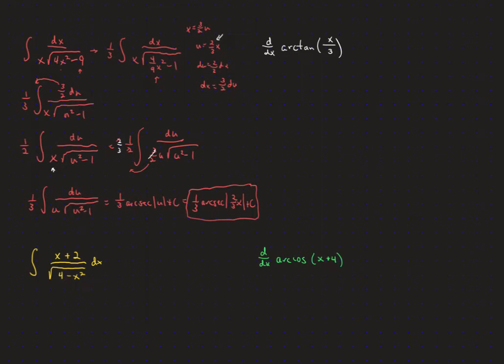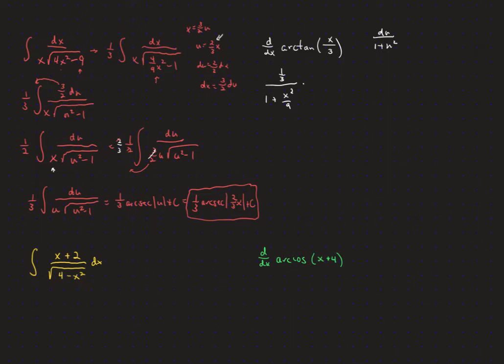Okay? All right, now our derivative for an arctangent is going to be du over 1 plus u squared. So the du is going to be 1/3, and the 1 plus u squared is going to be x squared over 9. Now, we don't want to leave fractions in fractions, so we would like to get rid of both of those denominators, the 3 and the 9.